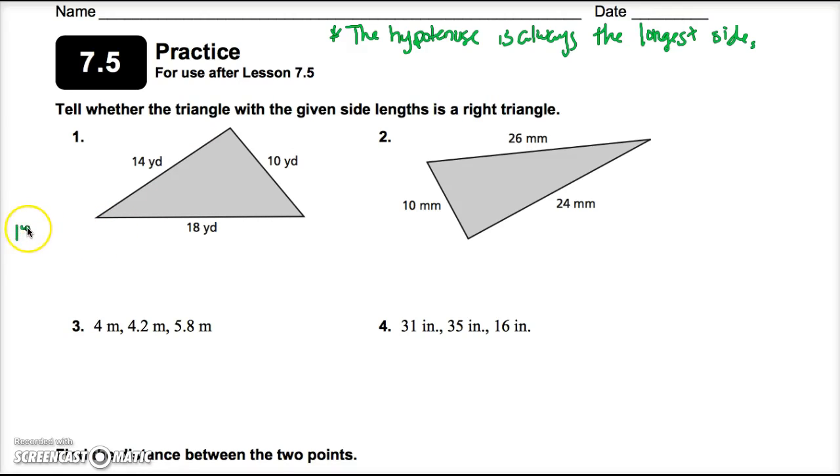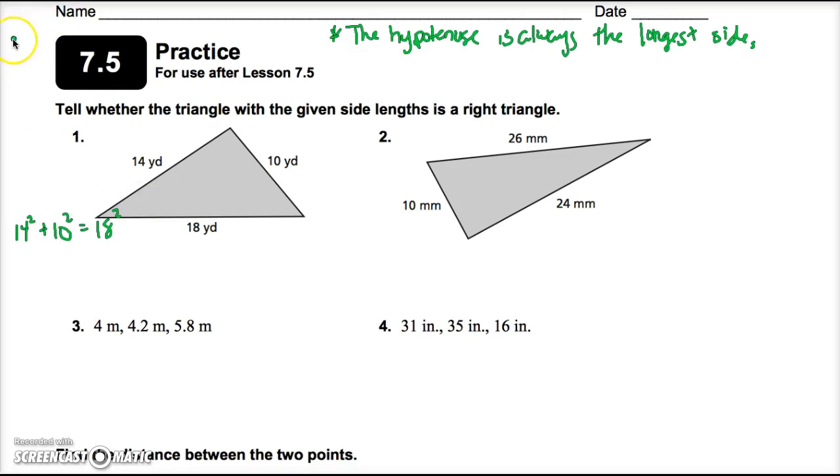So we would have 14 squared plus 10 squared equals 18 squared. And as I go to solve this, what I'm looking for is, if I end up getting 2 numbers that are equal, then yes, it's a right triangle. If I end up getting 2 numbers that are not equal, then it's not a right triangle.